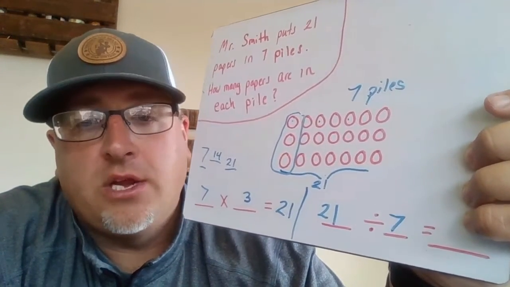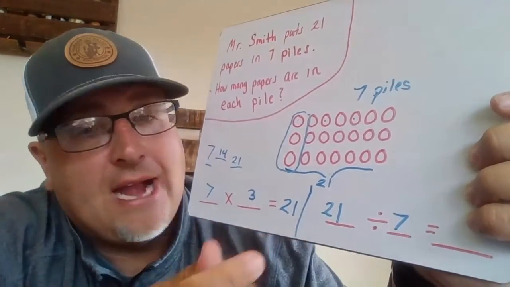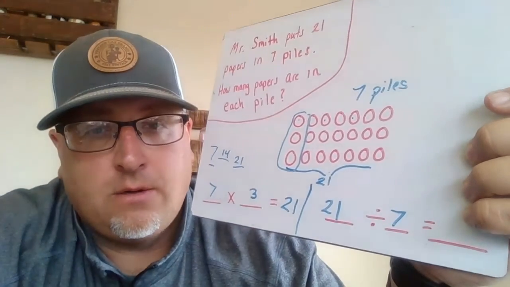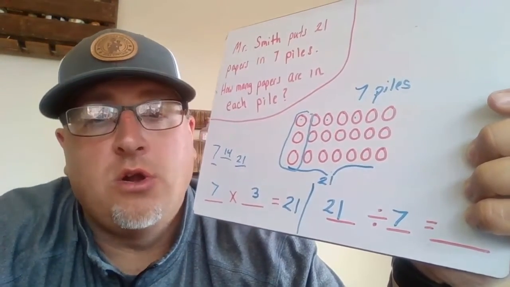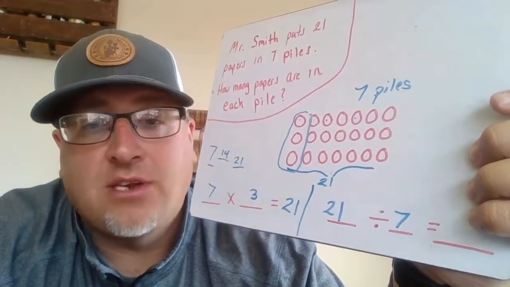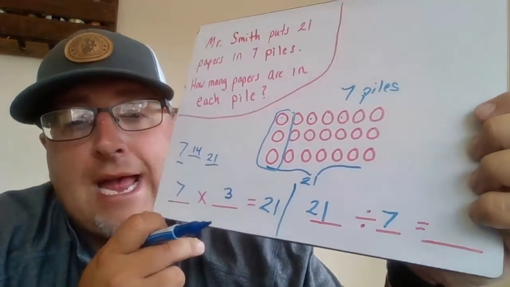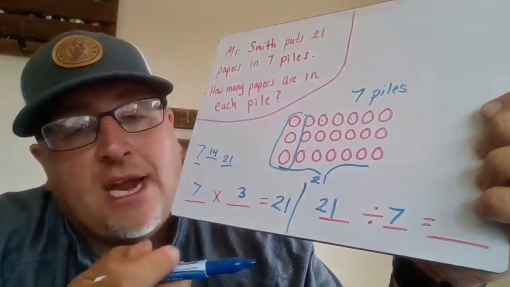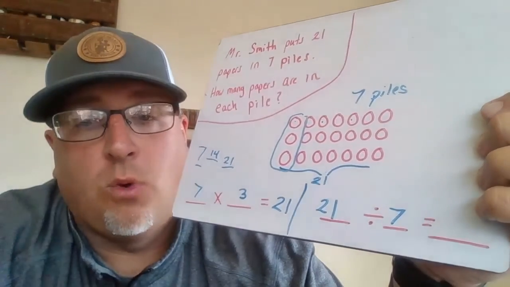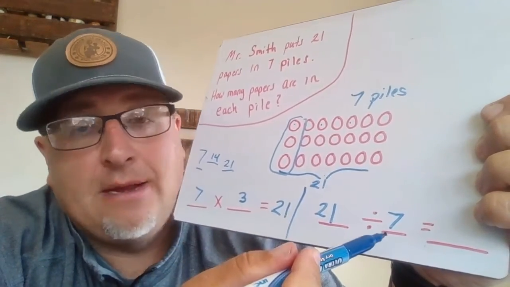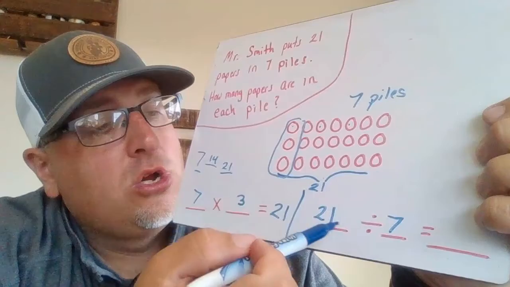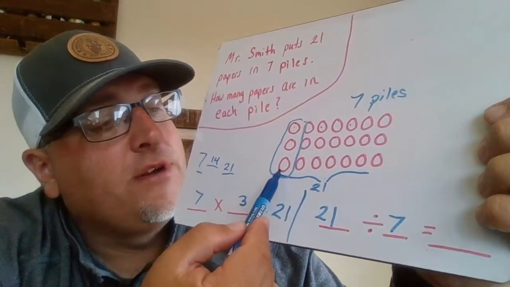And the same thing here, we can use our array. 21 divided by 7. Here's where knowing our math facts comes in handy. Knowing that, come over here with the multiplication. If we know 7 times 3 equals 21, then 21 divided by 7, right? 21 papers divided into 7 groups.